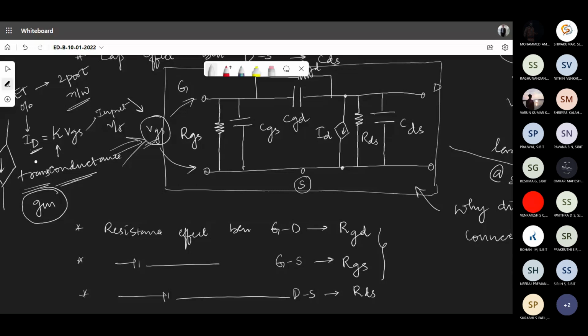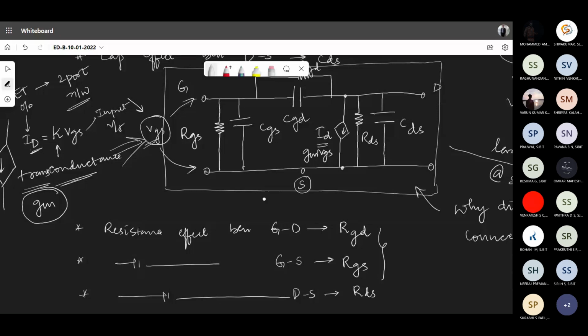Capital ID and small ID will remain one and the same for us, at least in this subject. In this particular subject for third semester, you should not see any difference between a capital ID and small ID. Take it for granted. If I interchange the subscripts, do not worry. You can write either capital ID or small ID. Only for now, only for this semester. Further on, it is going to change. So I write this as ID, which is GM times VGS.